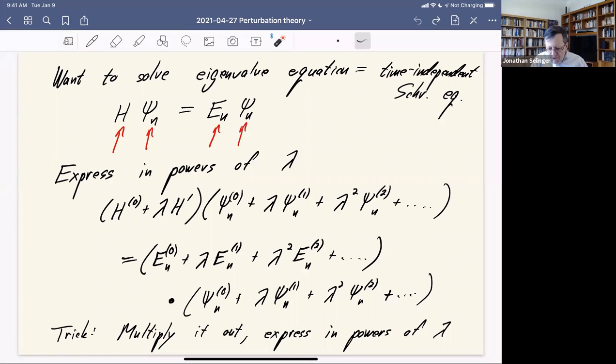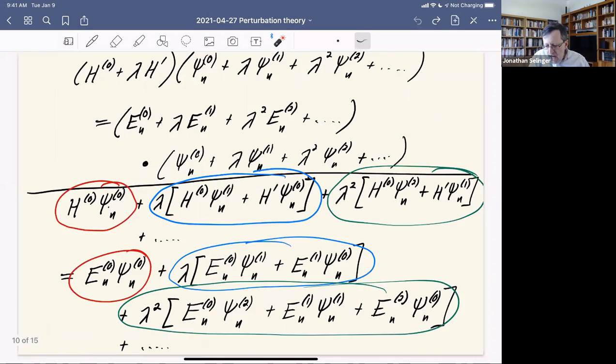So the Hamiltonian is 0th order plus 1st order, and here's the eigenstate, which equals the energy eigenvalue times the eigenstate. Now we multiply all this out and express everything in powers of lambda, which lets us organize everything on both sides of the equation.